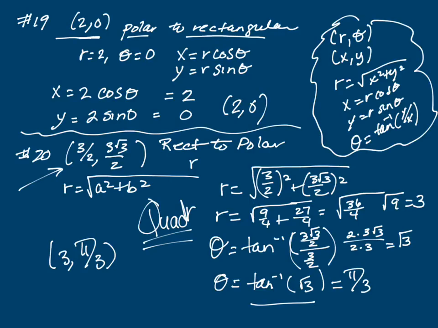So we're on number 21. Sorry, I keep going back. Number 21. Convert the equation from polar to rectangular. Okay, so we're given theta equals pi over 3. Now remember all the things that we learned. The only thing we know about theta is our inverse tan run, right?